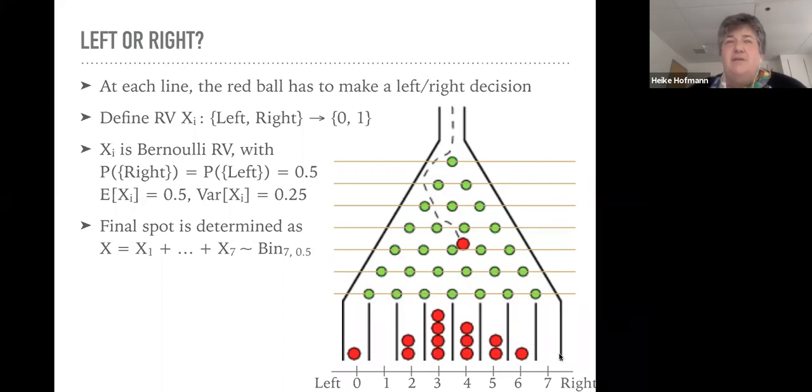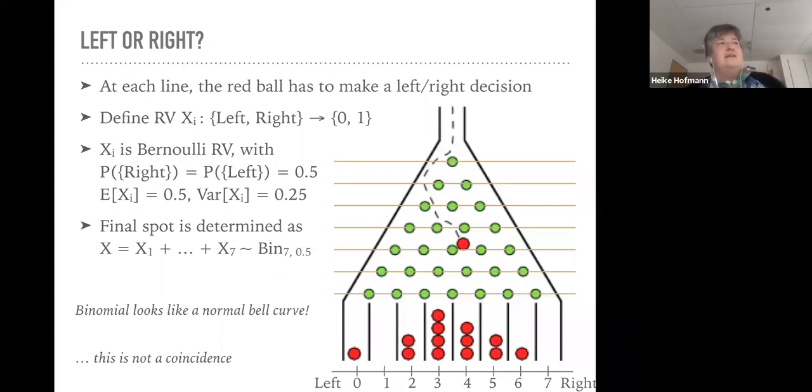It's really a binomial distribution with, in this case, 7 trials and a probability for success, so a probability to go right, of 50%. But this looks like a normal bell curve. And the question is really why?